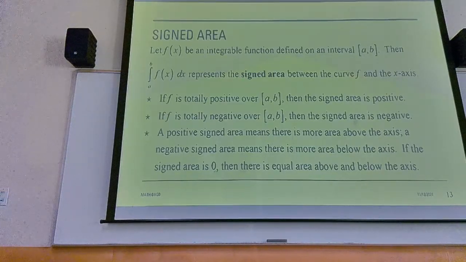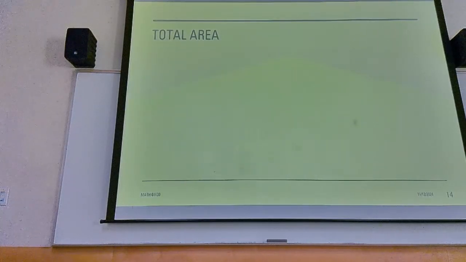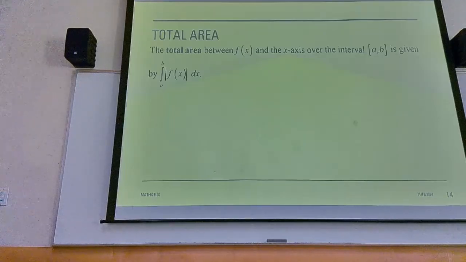That is different than distance. Signed area is different than area. If you want the area, the total area, then it's the integral of the absolute value of the function.